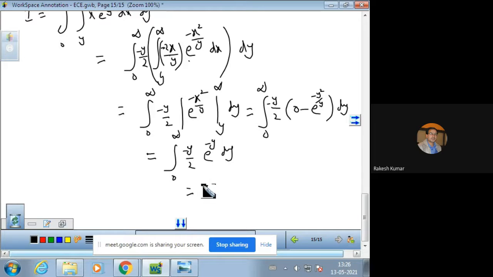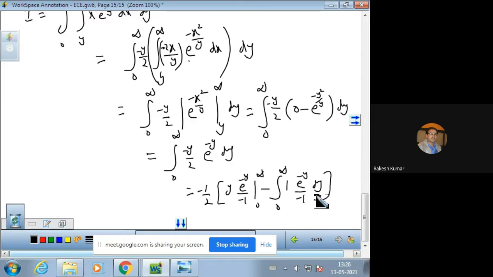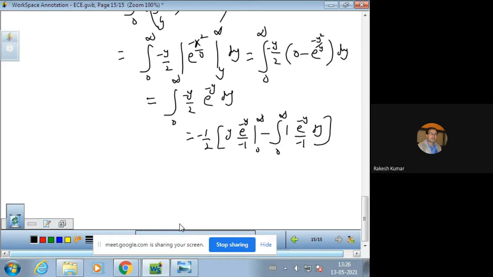Now you can use integration by parts. Minus 1 by 2 can be taken as it is. First function as it is, integration of second will be there, and your limits are 0 to infinity. Derivative of the first times integral of e raised to power minus y dy. This is integration by parts. So minus 1 by 2: when you substitute the upper limit, you will have 0, and when you substitute the lower limit 0, it is obviously 0.